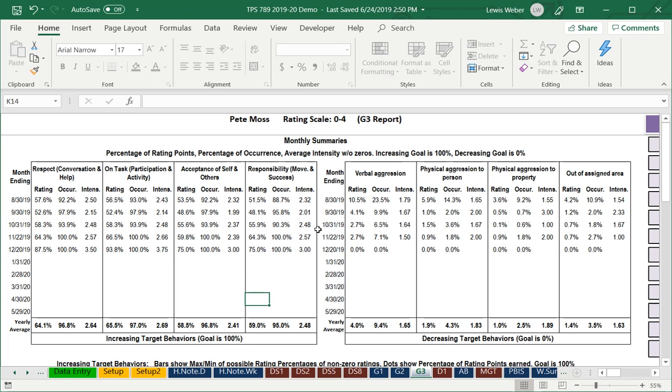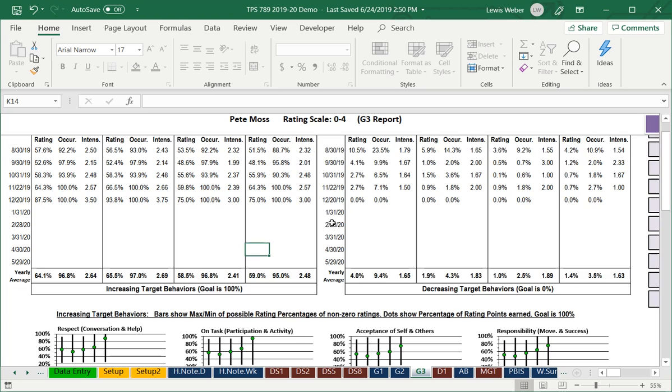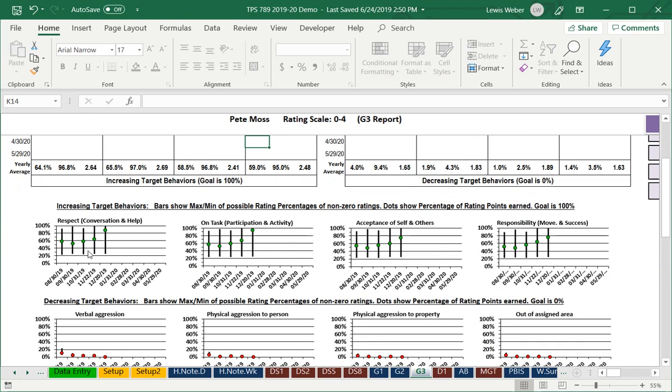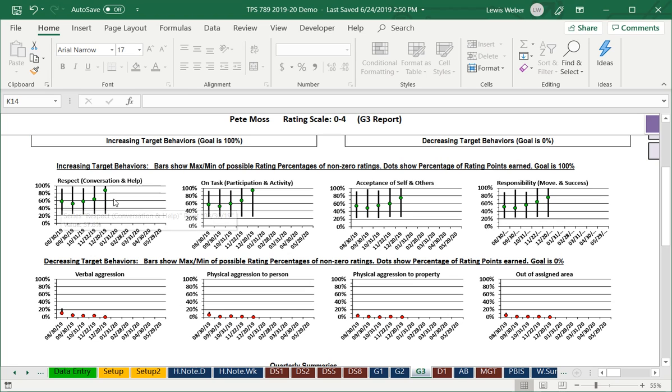Okay, enough of that. Let's now look at these graphs, because what's going to happen here is these three columns, rating, occurrence, and intensity, are going to be captured by these graphs. So let's see what's going on here. The dots are the first column, rating percentage. Now, as I've been saying throughout this training, we need those other two columns to fully describe what's going on.